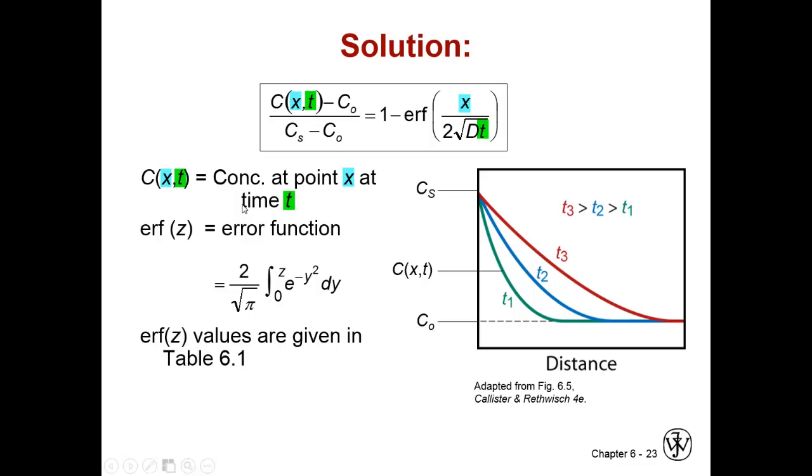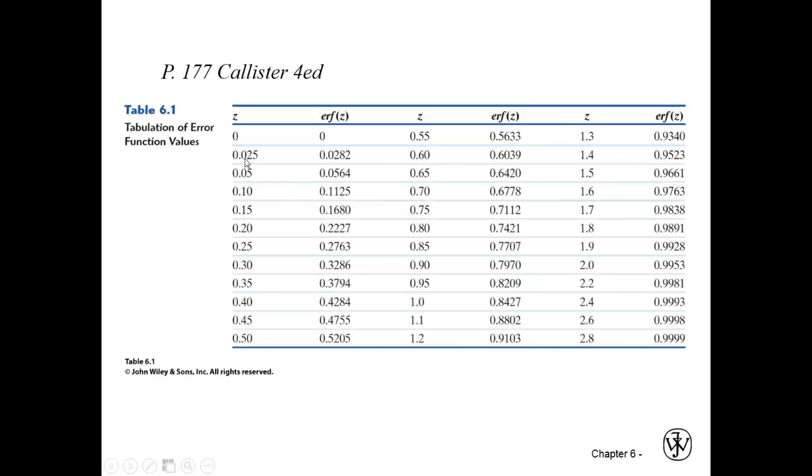Now, if it doesn't happen to be exactly 0.25, we need to use interpolation to find its approximate value. And notice that we have 3 total columns here. So 0.25 results in an error function of 0.2763. Then this z column continues over here, and then over here again.